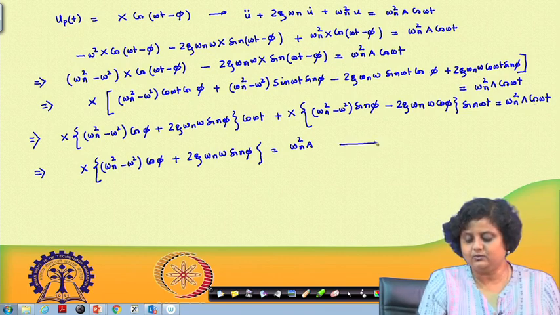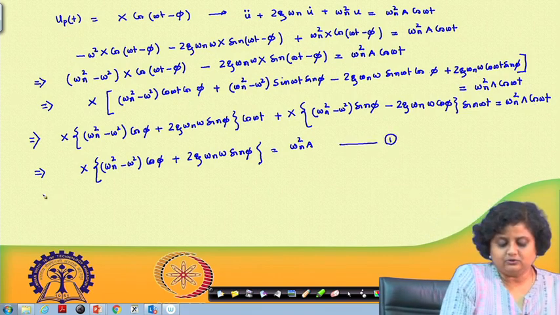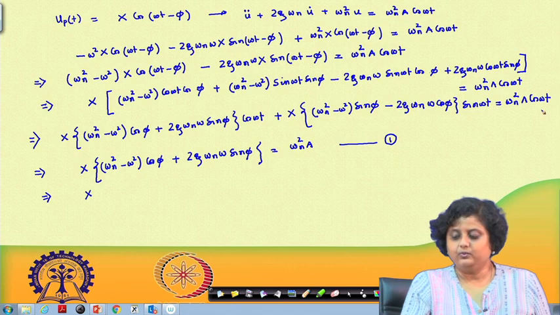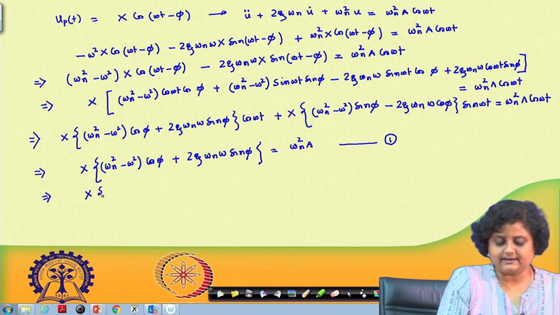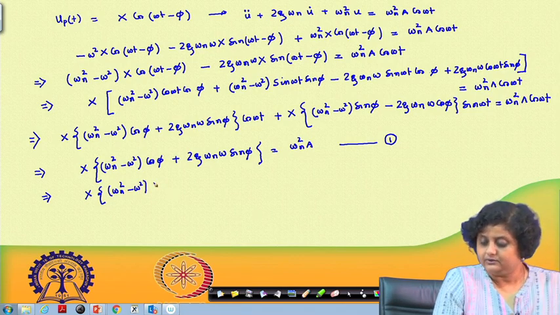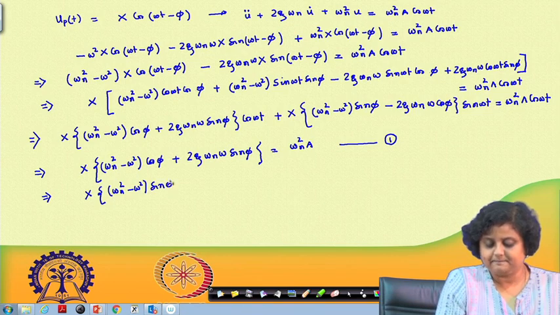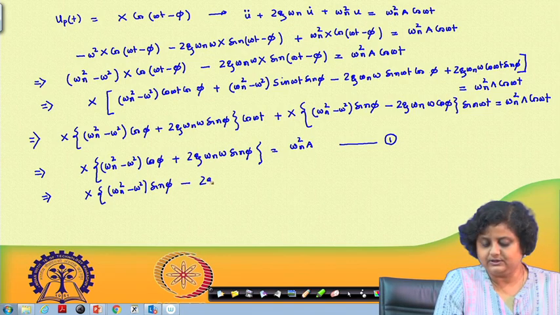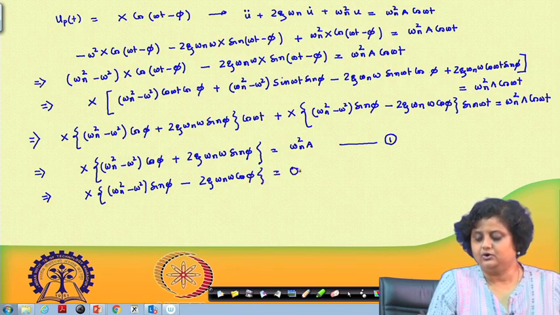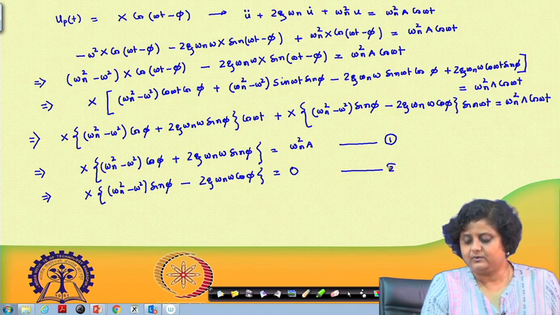So, that gives me my equation 1. I also equate the other terms which are associated with sin ωt with that on the right hand side. There is no sin ωt on the right hand side, therefore, I can write (ω_n² − ω²) sin φ − 2ζω_n ω cos φ = 0. So, this is my second equation.